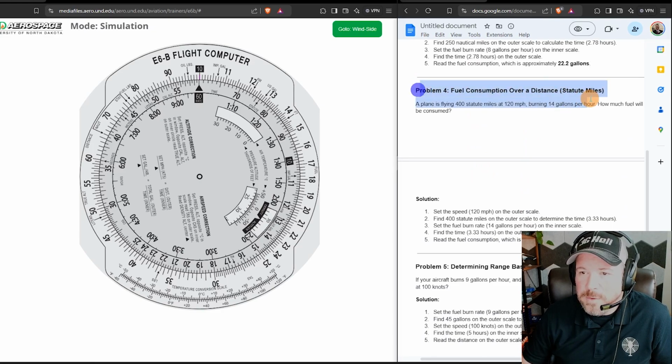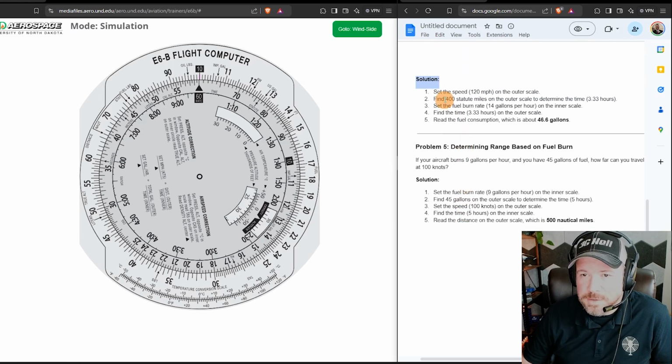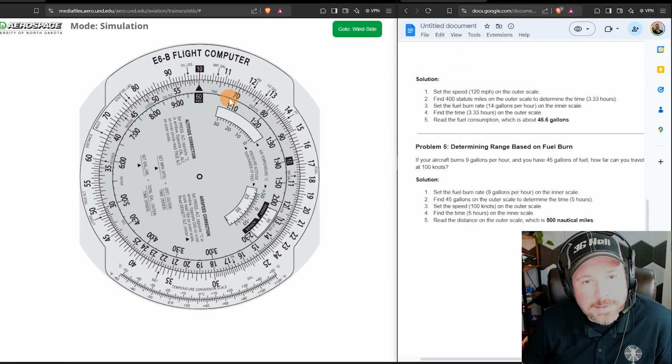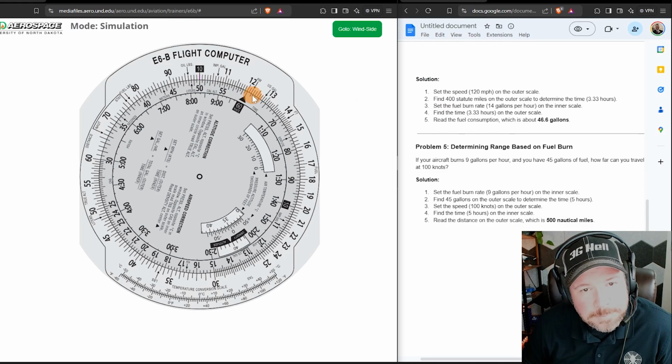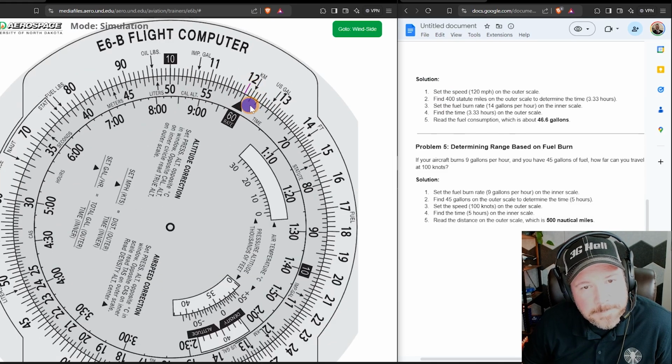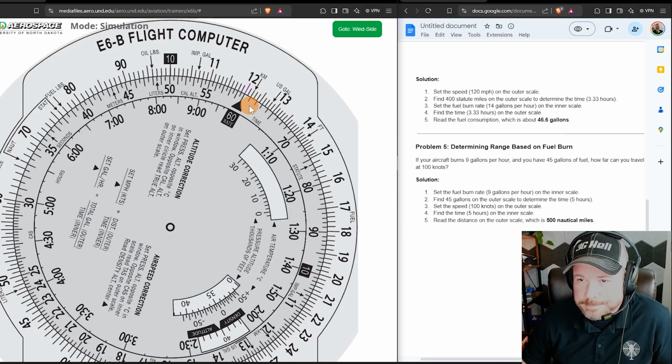Problem number 4, fuel consumption over distance. A plane is flying 400 statute miles at 120 miles per hour, burning 14 gallons per hour. How much fuel will be consumed? So we go down here to the solution. Set 120 on the outer scale. So we zoom in a little bit. There we go.